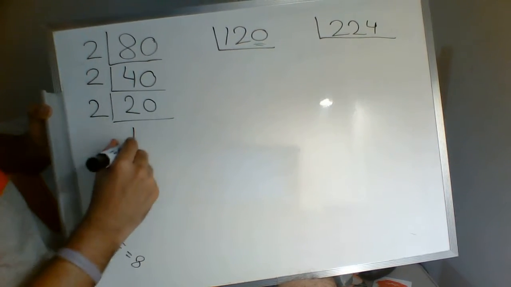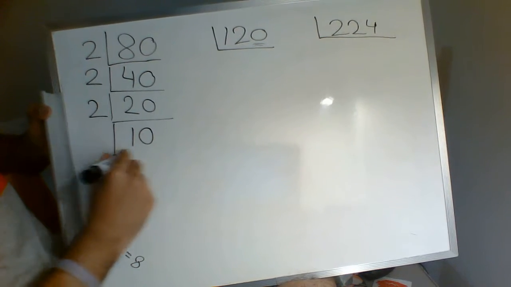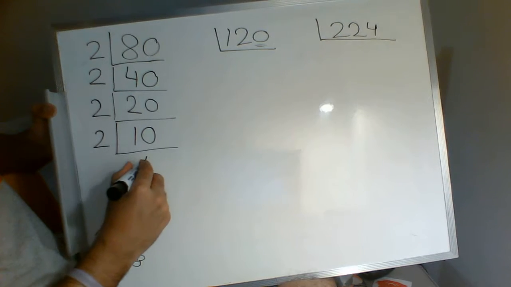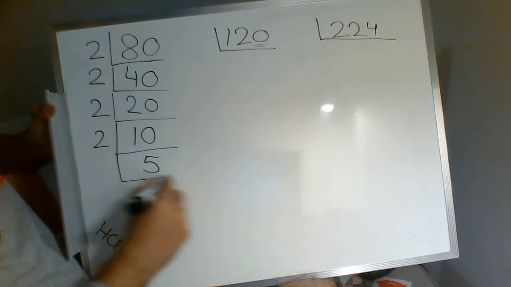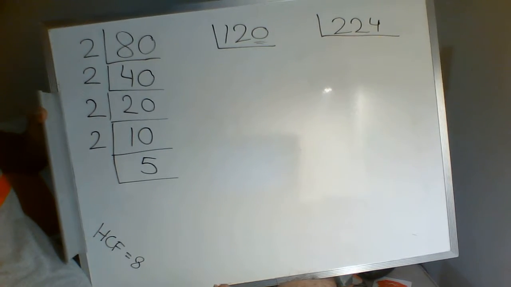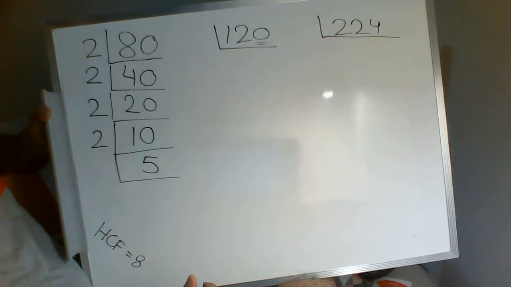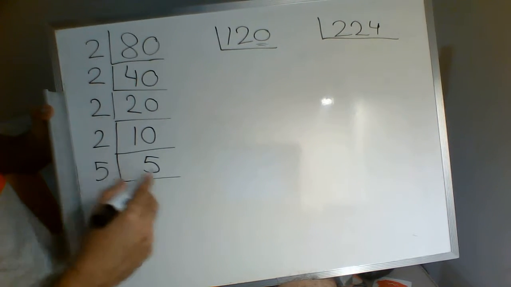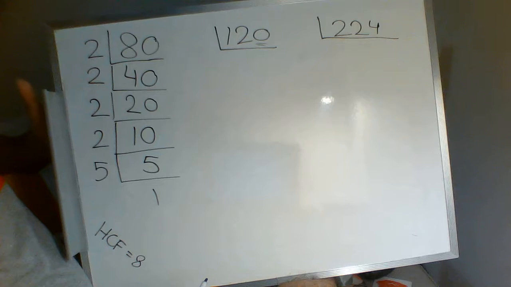Still even, divided by 2, that gives us 10. Still even, divide by 2 again. 10 divided by 2 leaves us with 5. And finally, we can't use 2, so we move on to the next prime number, which is 3. But we can't use 3 either, so we move on to the next prime number, which is 5. 5 divided by 5 gives us 1.